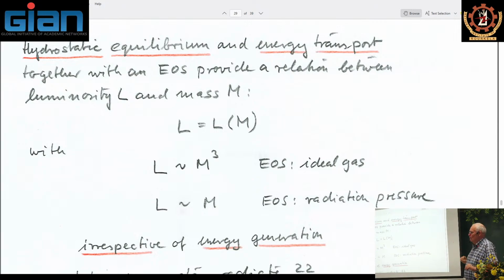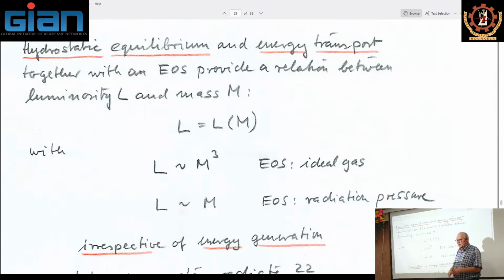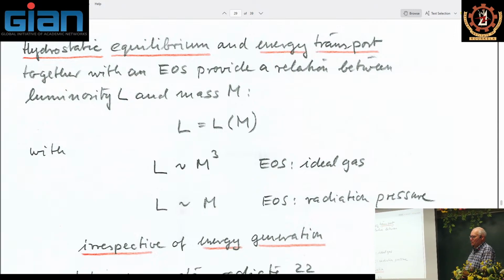The question then, of course, arises, how does the energy generation come into play here? The star has to radiate because it's hotter inside than outside. This is controlled by the transport and the hydrostatic equilibrium. And the question is how the second point, namely the energy generation, comes into play.